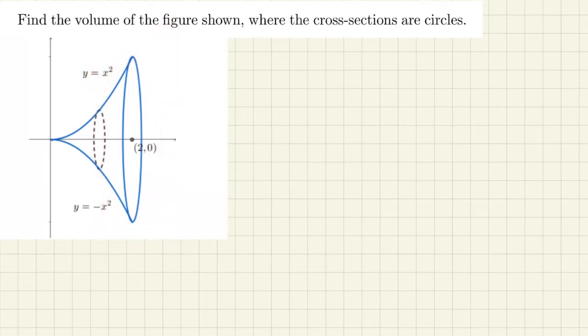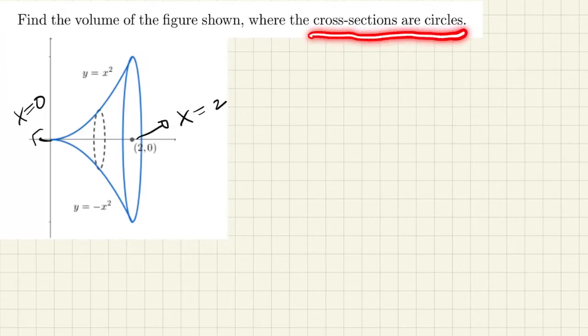So again, here you have x equal to 0. Here you have a plane x equal to 2. And according to the problem, their cross sections are circles. So ito yan. Okay? So anong gagawin natin?